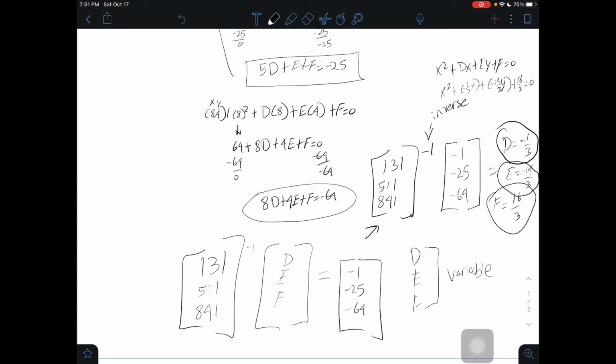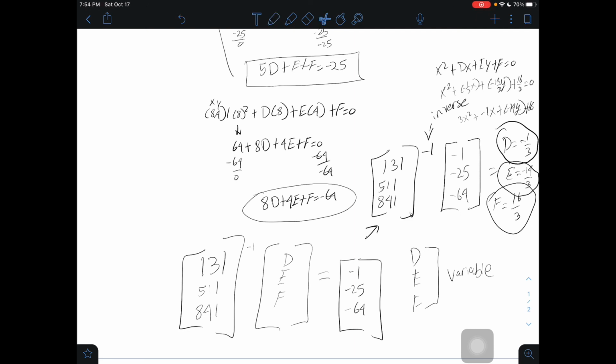Now you can see we have fractions with a denominator of 3, and we don't want these fractions, so we're going to multiply each term on both sides by 3. So we have 3 times x squared, which is 3x squared, plus -1/3 times 3, which is just -x, plus -14/3y times 3 is just going to be -14y, plus 16/3 times 3 is just going to be 16.